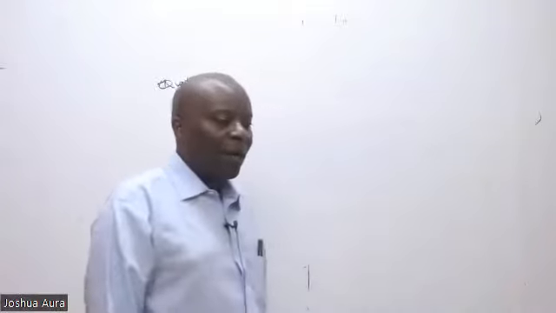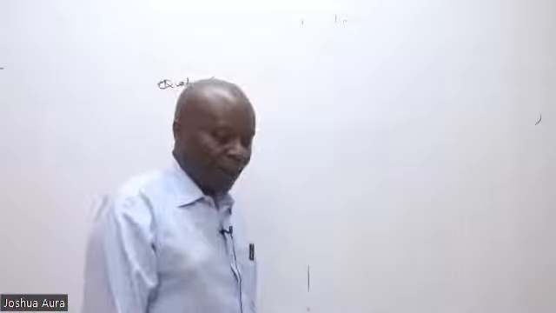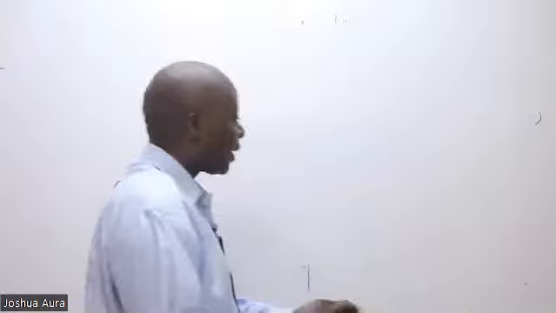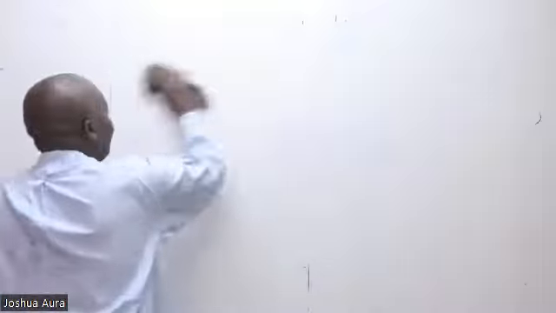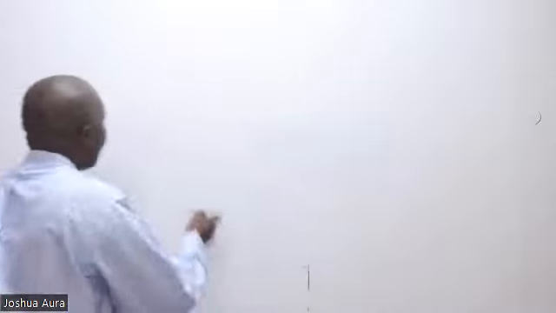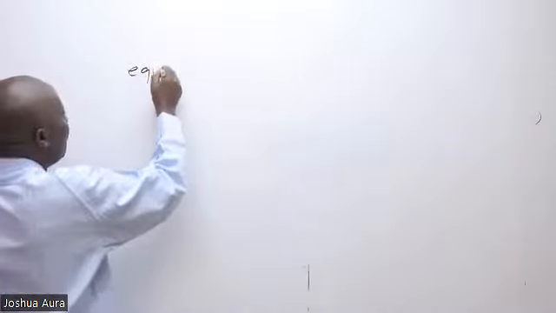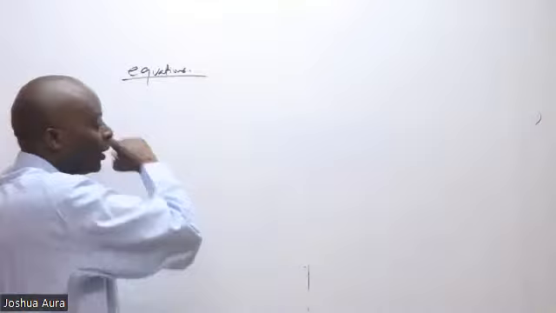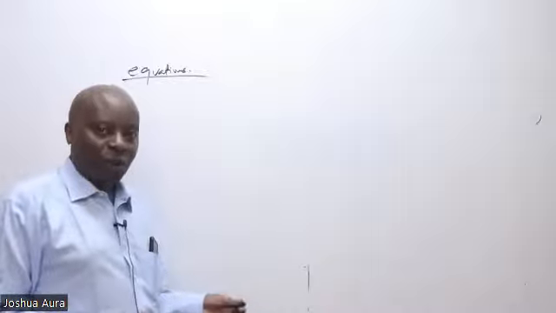So today we are looking at topic number one, and basically we are looking at equations and functions. When we talk of equations, from the word equal, we have two parts of an equation.